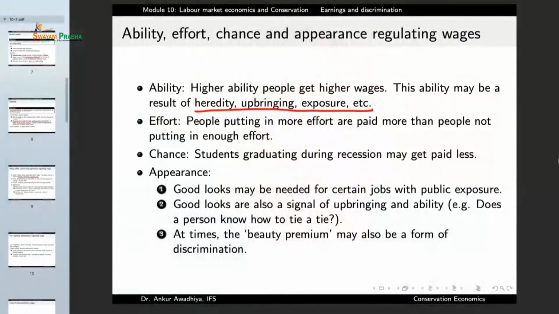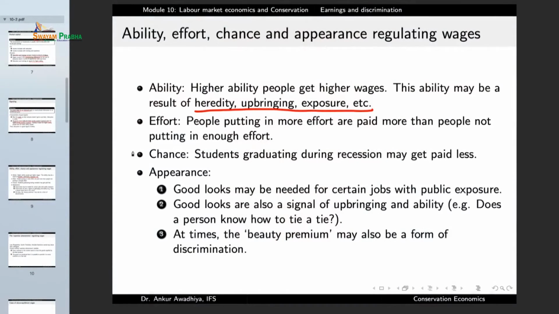In that case, because person one is putting up more effort, he will typically earn much more in the market. So he will be getting a higher wage than person two. So the result of the neoclassical theory of distribution is modulated by the effort a person puts in. Higher effort means more wages.